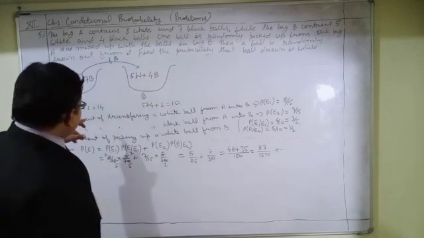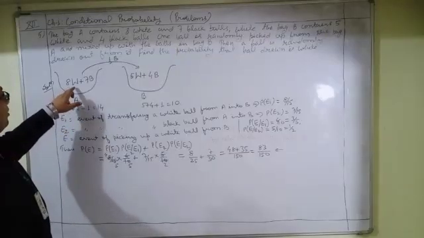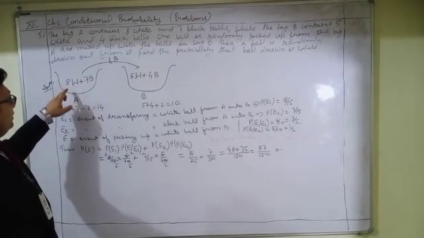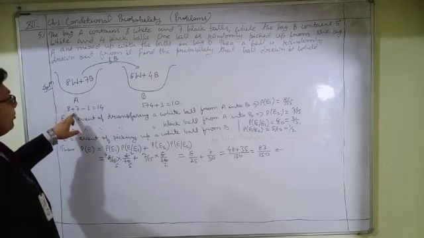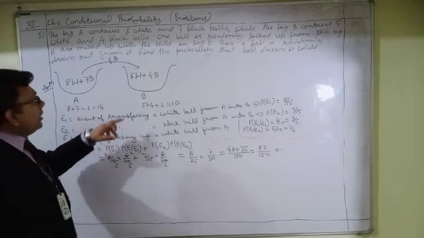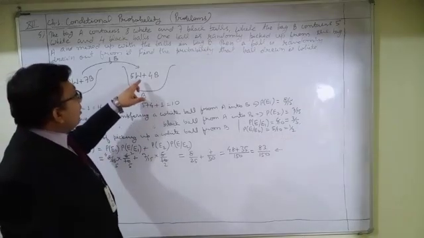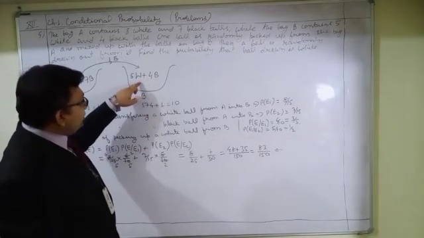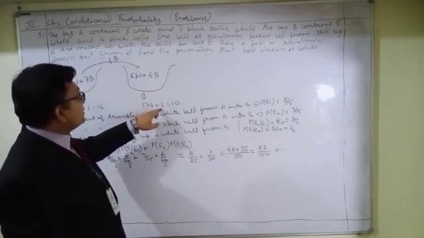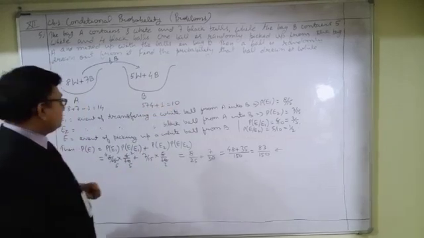Okay. So now, if one ball is picked up randomly from bag A, then the total number of balls left in bag A will be equal to 14. Now, as soon as one ball comes into bag B, the total number of balls will be 5 plus 4 plus 1, which is equal to 10.